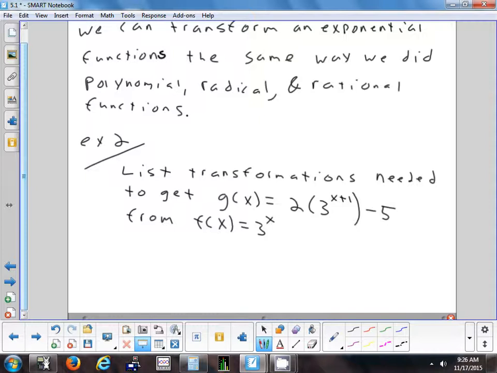All right, the plus 1, you can start with that. And then what else? The 2 at the front. And then the negative and 5. This negative and 5 is all together. The only time you have a negative that does something separate is if it's on the x or on the 2. So this negative we'll talk about in a second. There are only three transformations here.